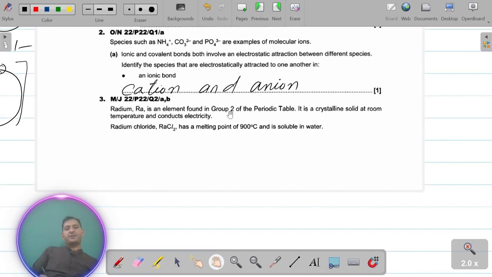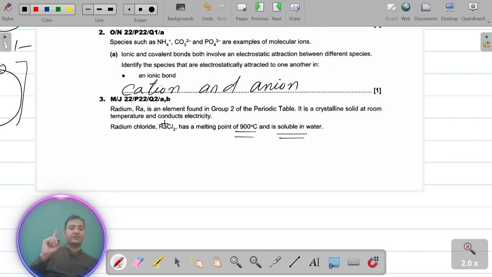Radium is an element found in group 2 of the periodic table. It is a crystalline solid at room temperature and conducts electricity. Radium chloride: radium is a metal and chlorine is a non-metal. It has a melting point of 900, which is a big value, and is soluble in water.